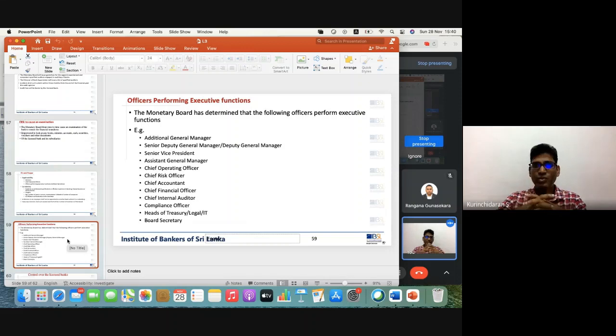So names are also given, but now there are changes in the directions as well. The 2 layers below the CEO are also considered. If you have a flat hierarchy, you can write to the central bank and choose whoever are the officers performing executive functions.